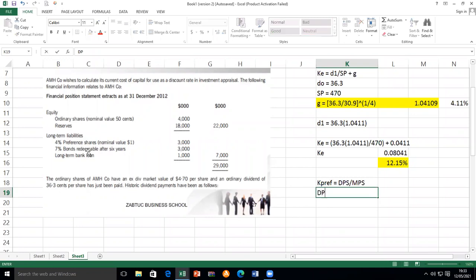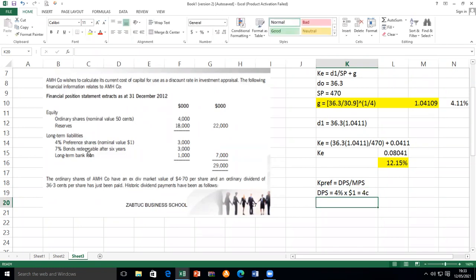So dividend per share, 4% times a single dollar, so that is your 4 cents.